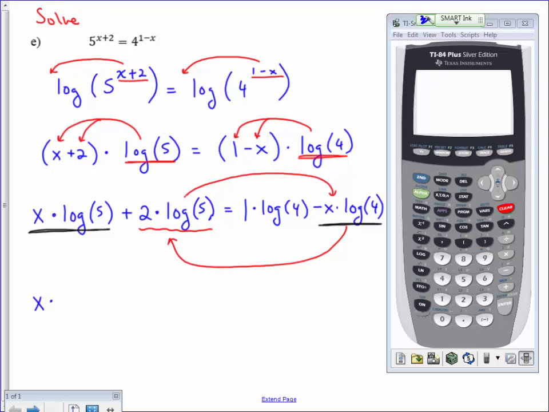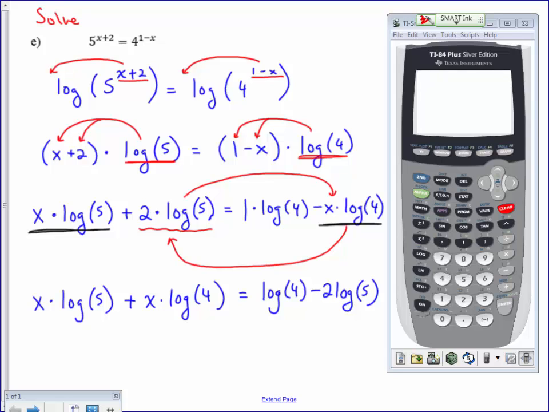So I have x times log of 5, adding over the right-hand term x log of 4, you would have plus x log of 4. And then on the right-hand side, that 1 log of 4 I'll just write as log of 4. And then I'm subtracting over the 2 log of 5, so this would be minus 2 log 5.